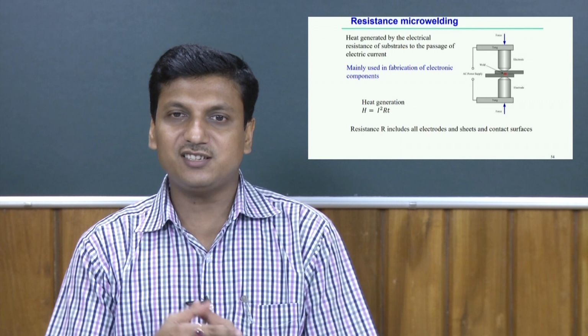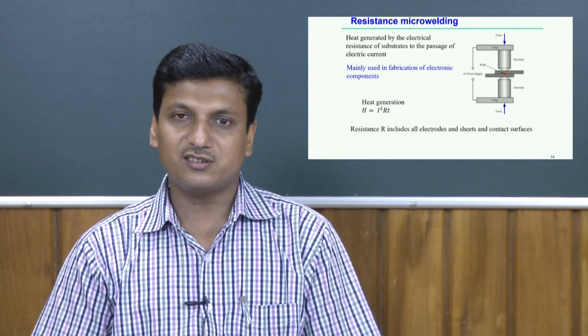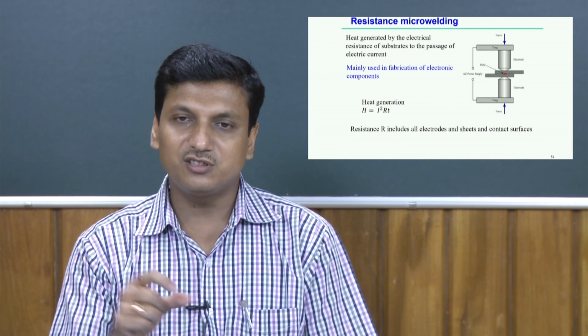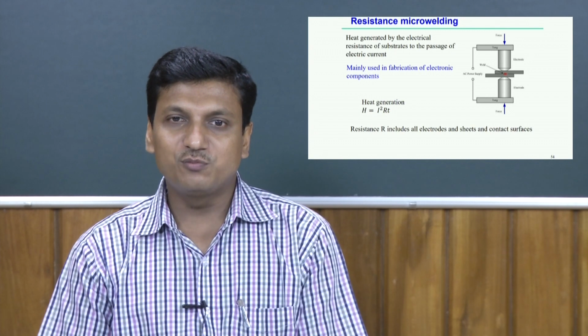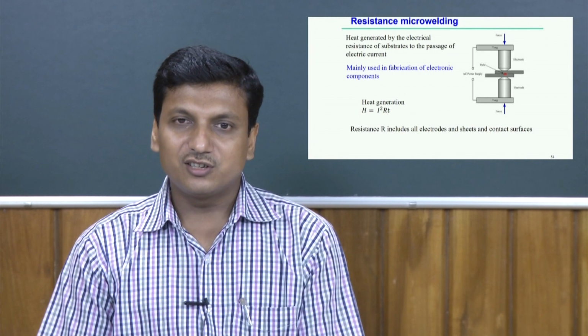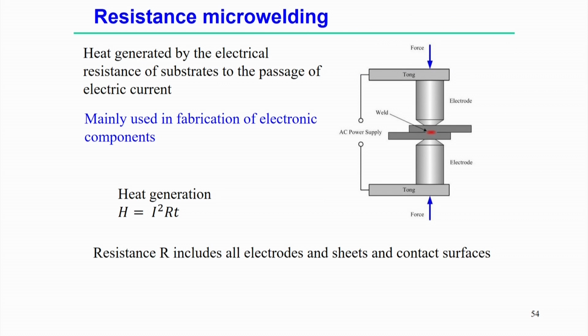Resistance exists between the several contact surfaces as well as within the bulk metal itself. If we consider all the resistances, heat is generated using the formula H = I²RT, where I is the applied current, T is the time duration, and R is the resistance, which should include all the resistance of the contacting surfaces of the circuit.